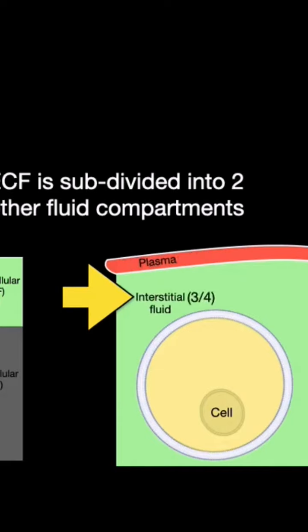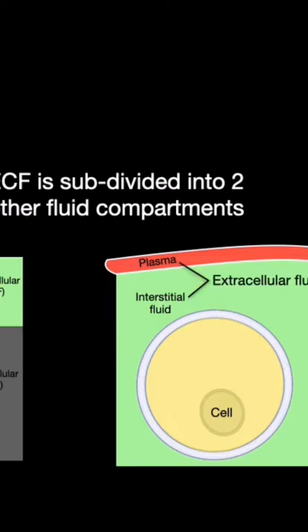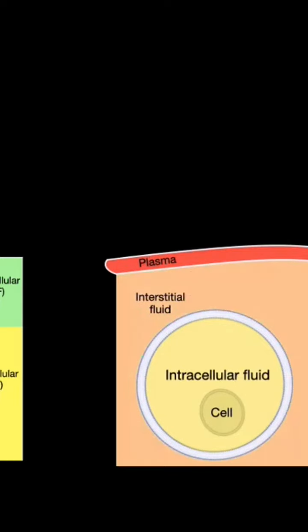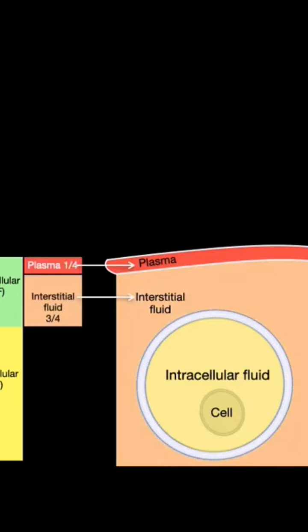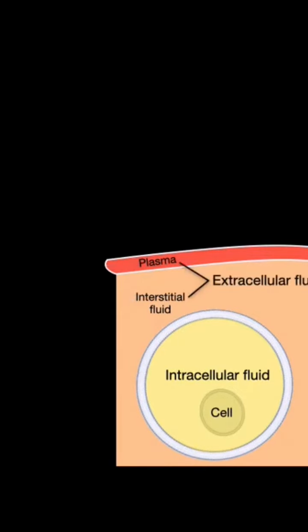And then the interstitial fluid is 3/4 of all that extracellular fluid. So plasma and interstitial fluid make up the extracellular fluid. Like that. Ta-da! Plasma is 1/4, interstitial fluid is 3/4 of the 1/3, and the intracellular fluid makes up the other 2/3. All right, so there we've got it.